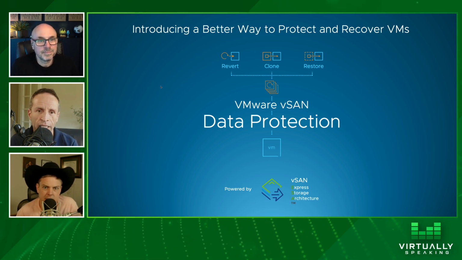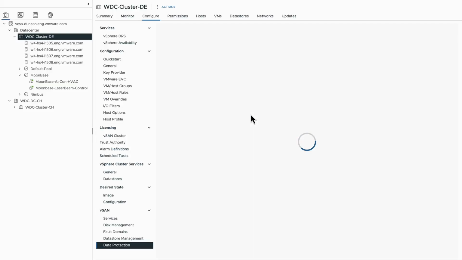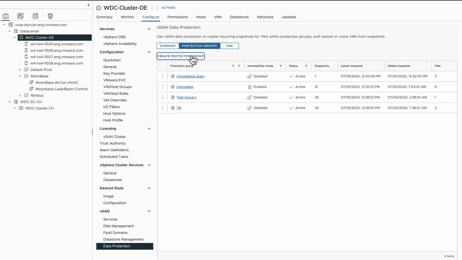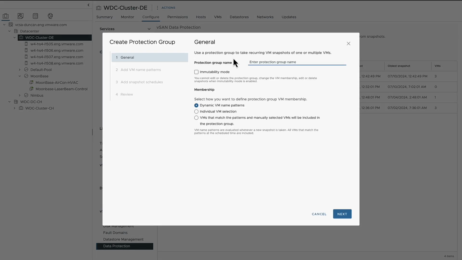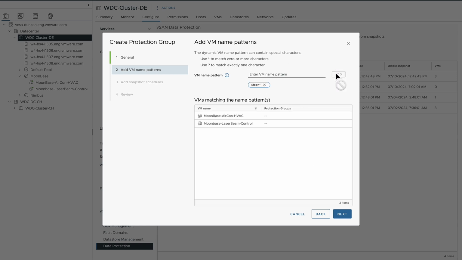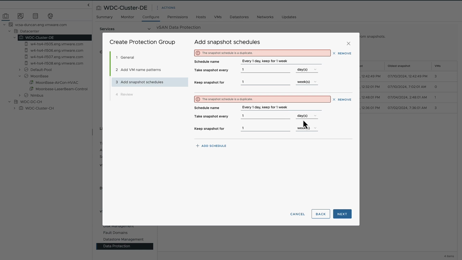What this allows our customers to do is provide local protection capabilities for the purposes of, let's say, reverting a VM that they messed up for some reason, restoring a VM that they accidentally deleted from vCenter Server inventory, and even cloning some of their existing VMs from these snapshots for their various workflow activities.